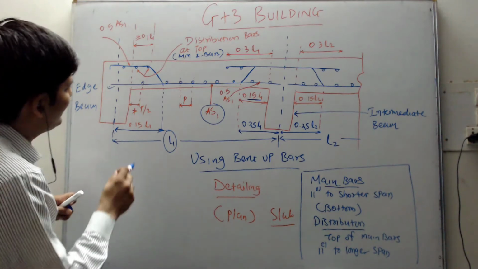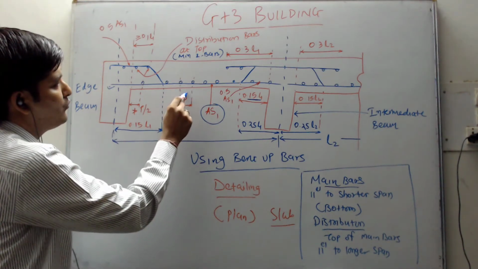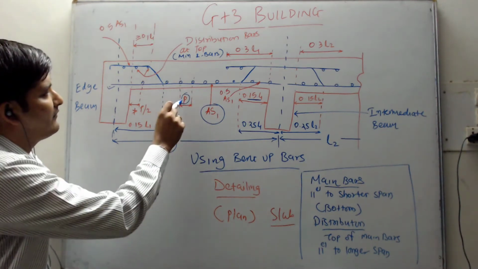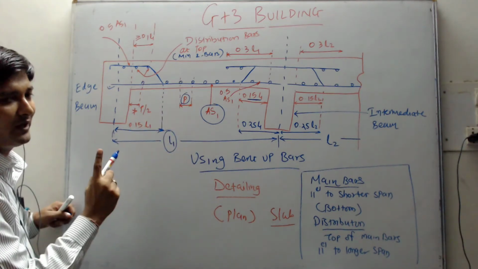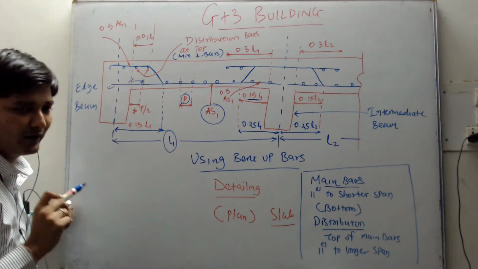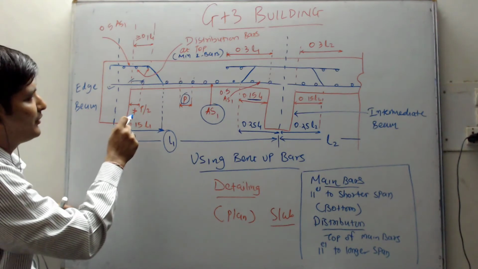Then one more thing that is important here: say this is the spacing between two distribution bars, given as P. Now the first bar, at how much distance we need to provide it? The Indian code has mentioned that it should not be more than P/2.